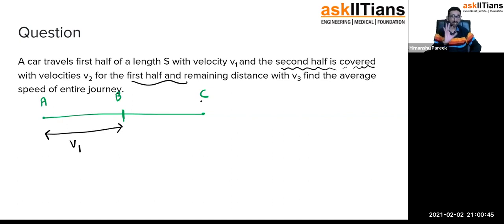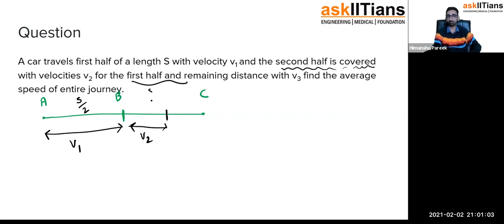This means AB he has covered with v1, and AB is S by 2, half. Now half of BC he covers with v2. What is half of BC?